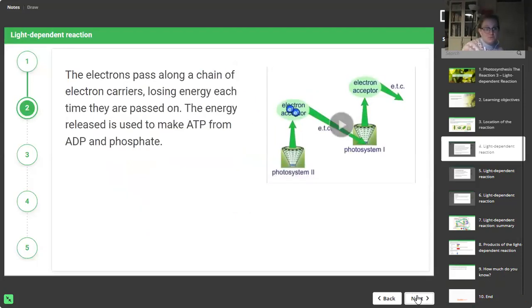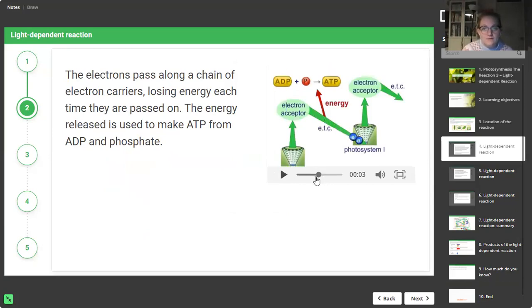That takes us to step 2. Those excited electrons then pass, very fast, along a chain of electron carriers. We call that the electron transport chain. So here we've got those excited electrons leaving that electron acceptor, and they pass along a chain of electron carriers.